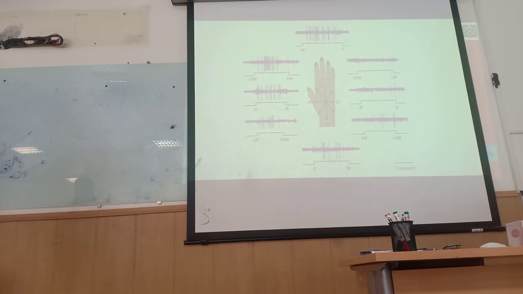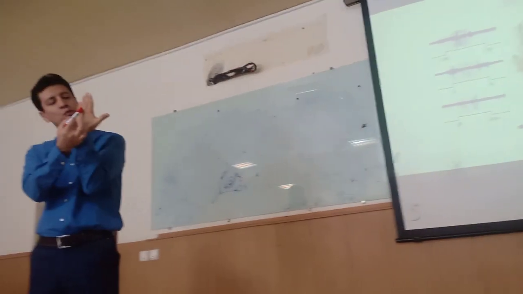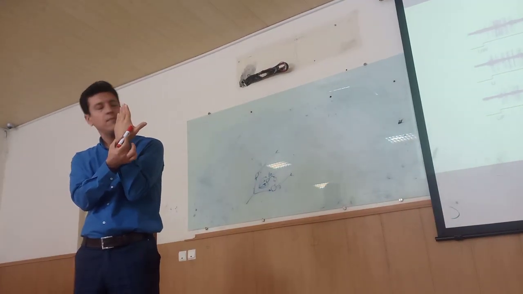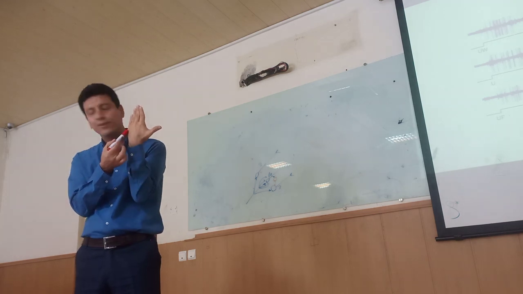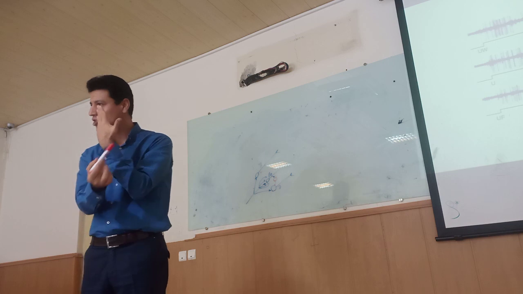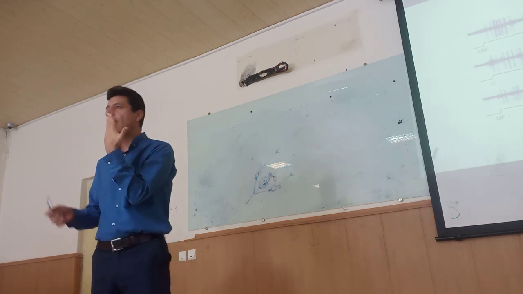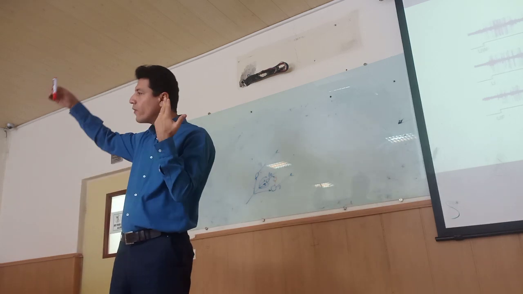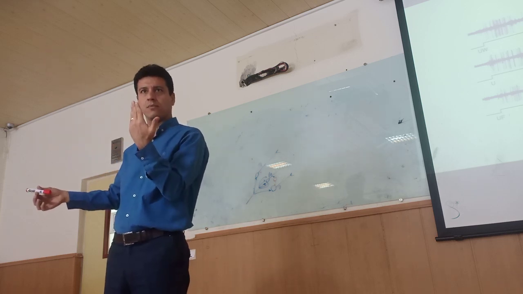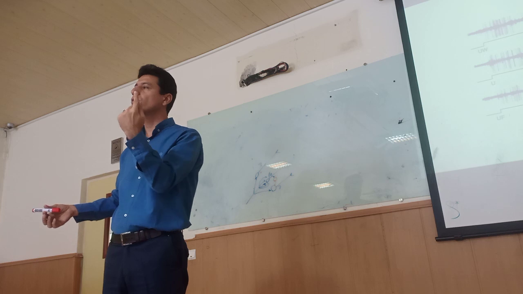Moving an object upward, or downward, or to the right, to the left, so different directions. And at the same time, we are recording the action potential from one neuron in the cortex.